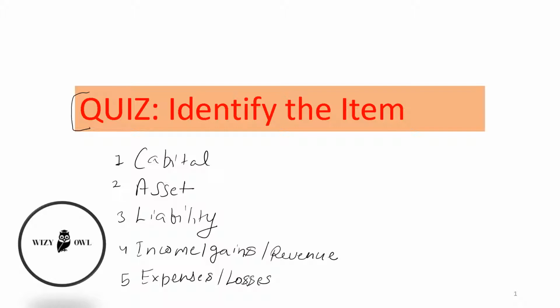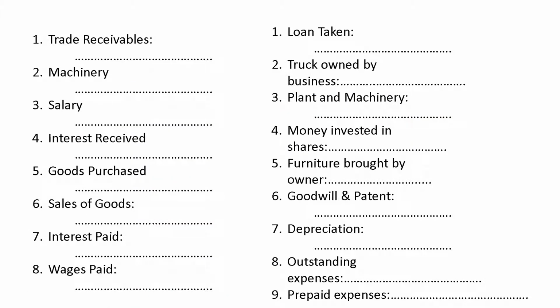So on the next slide, you'll be given some of the items and you'll have to define out of these five headings where that item comes. So let's start with the items. Here we have different items, 1 to 8 items in this list, and in list number 2 we have 9 items. Out of these items, try to define the category under which they come.